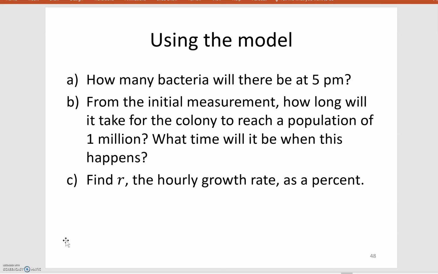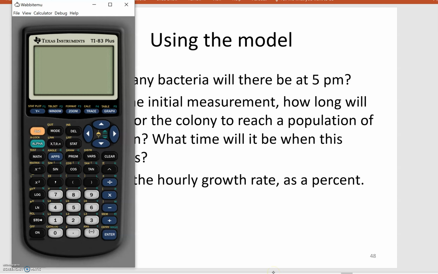Okay, let's use the model. How many bacteria will there be at 5 p.m.? Well, we started at 8 a.m. Actually, let's type this in for y1 equals. So that's 1,000 times e to the 0.2x.